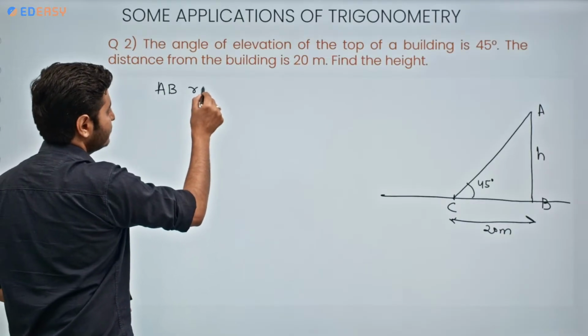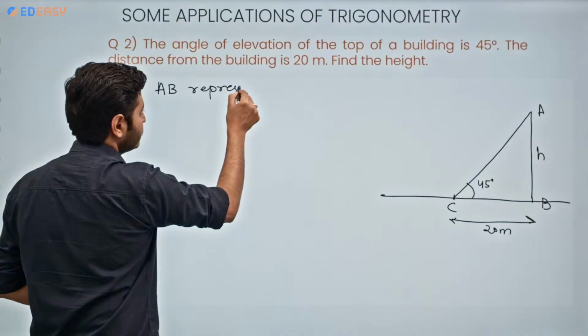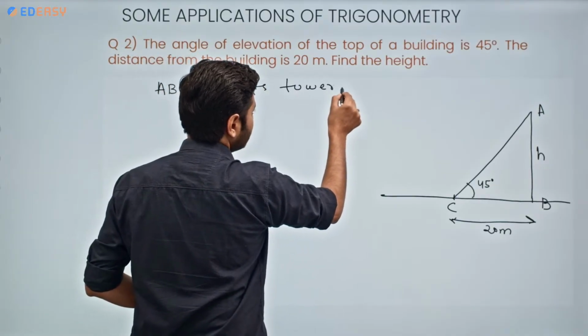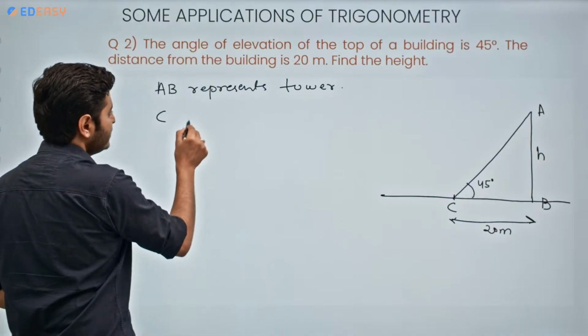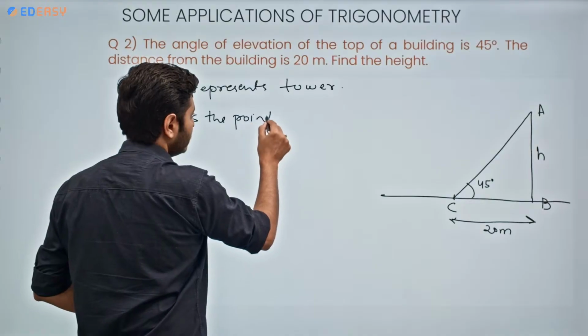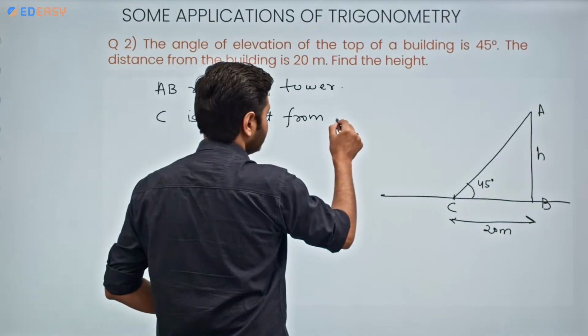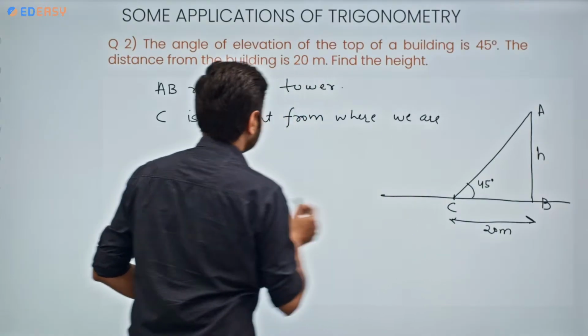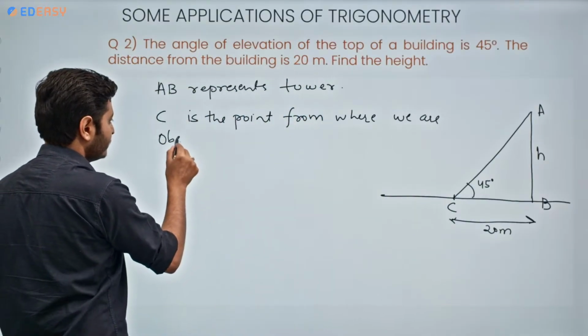AB represents the tower. Then C is the point from where we are observing the tower.